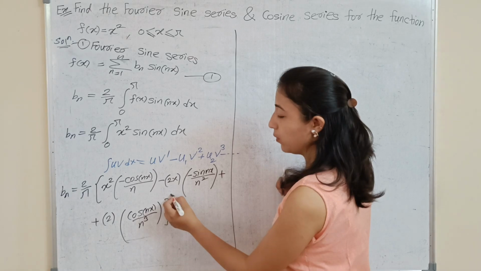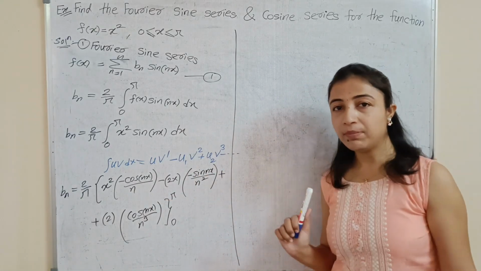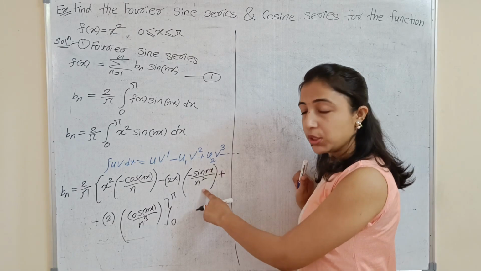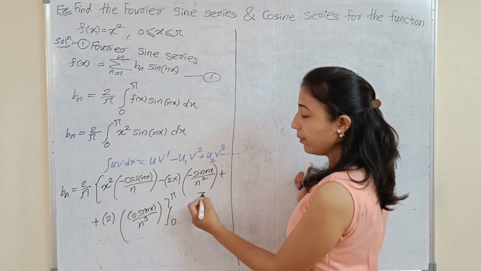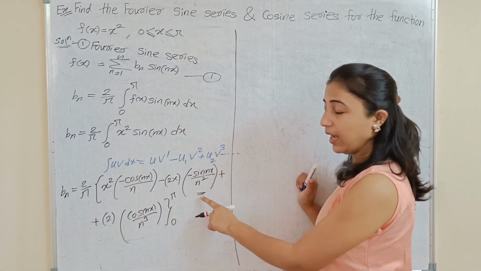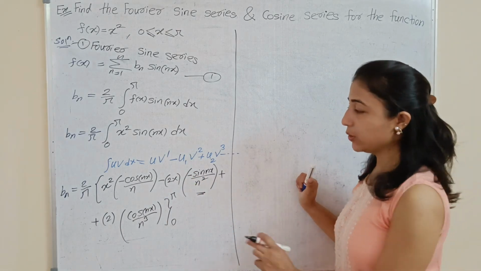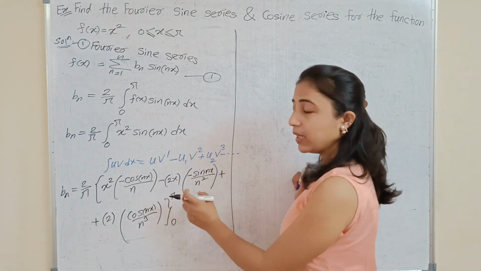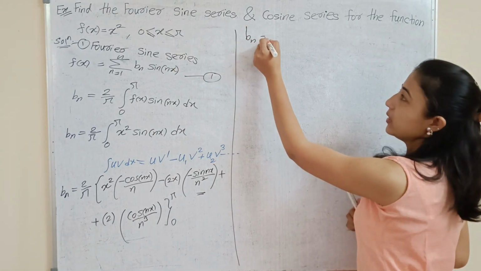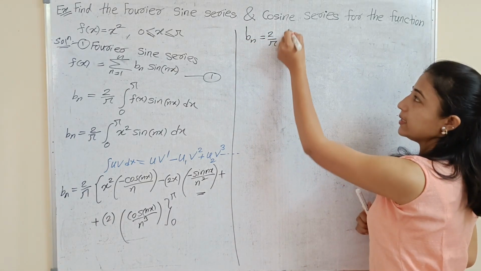Now put upper limit minus lower limit. Here sine of n pi and sine of 0 both are 0. So for upper limit and lower limit this middle term is 0, so there is no need to put the limits, because for upper as well as lower this term is completely 0. So our Bn is 2 by pi outside as it is.